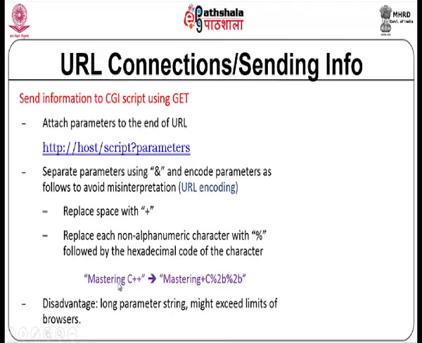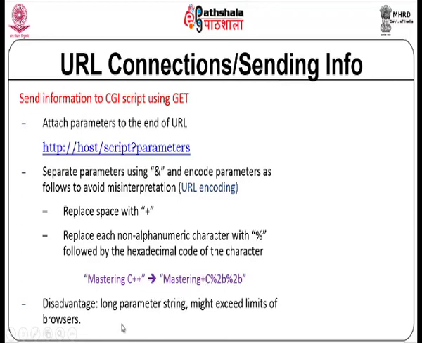So, we can see that after this question mark we will have mastering, then this space would be replaced by a plus, and C would be sent as it is, and there are non-alphanumeric characters like plus plus. So, these are replaced by a percentage symbol followed by the hexadecimal code of the character.